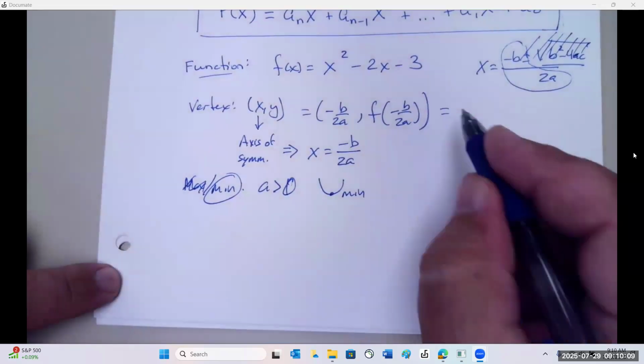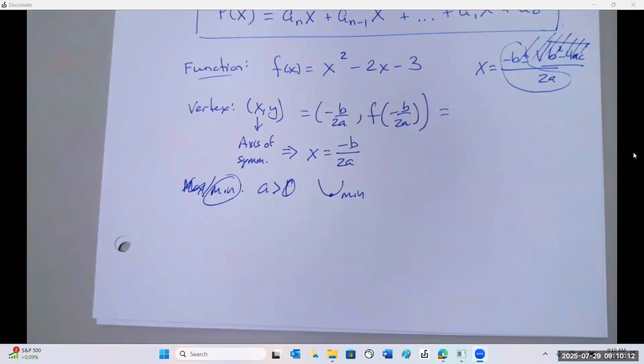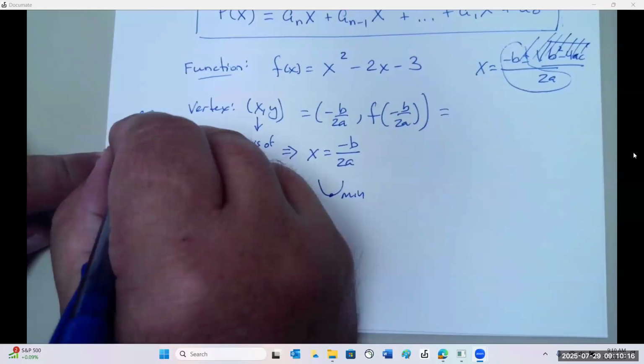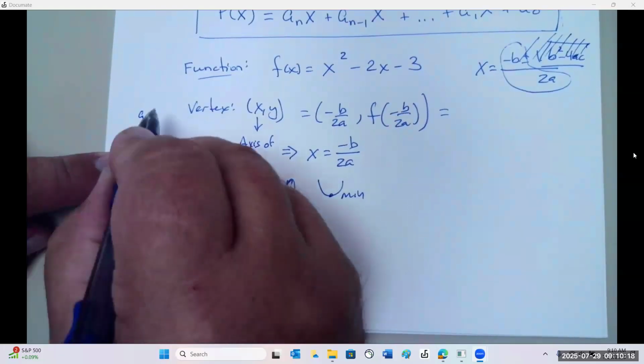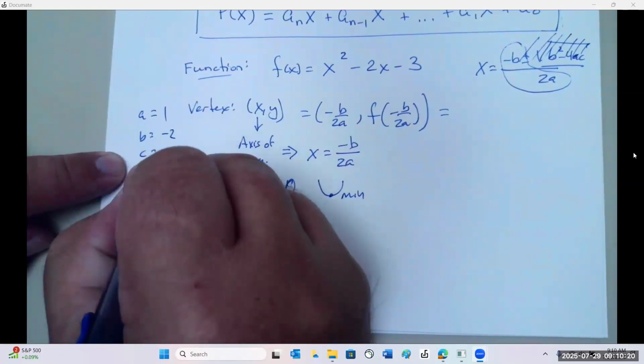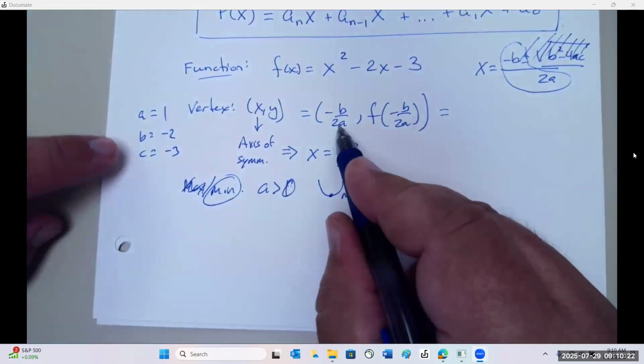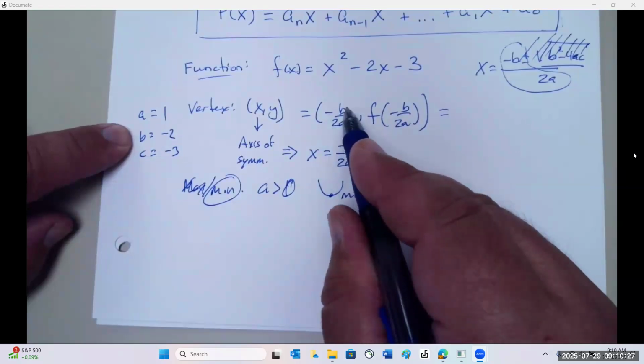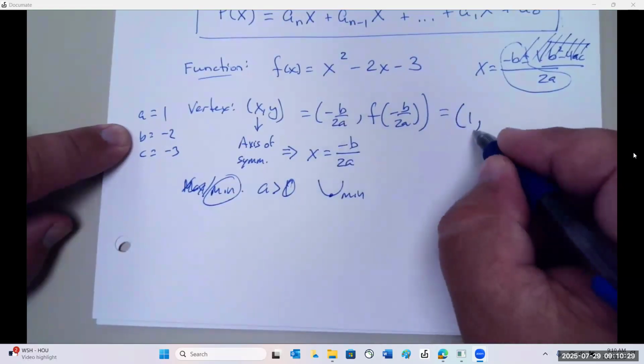We can calculate the vertex. Label a, b, and c: 1, -2, -3. We can plug it in there. Negative of -2 is 2, over 2 times 1. So we have a positive 1.